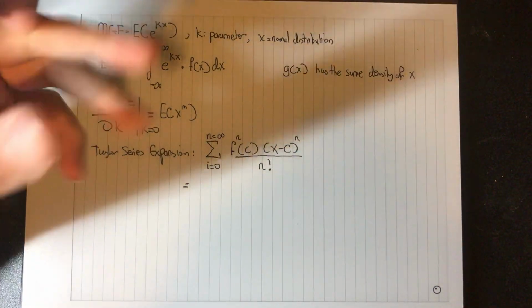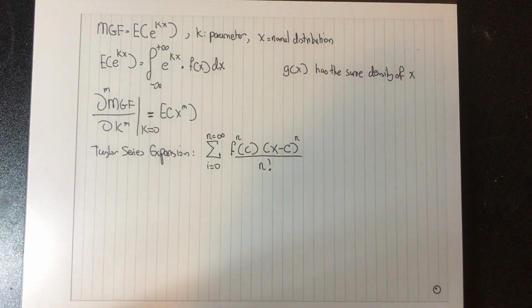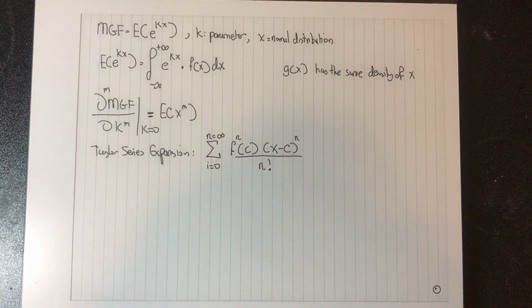But before we do that, we will set c equal to 0. And that will give us something which is known as the Maclaurin series expansion.